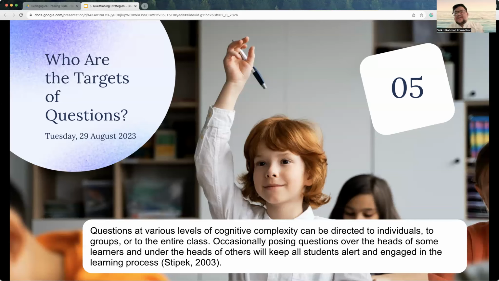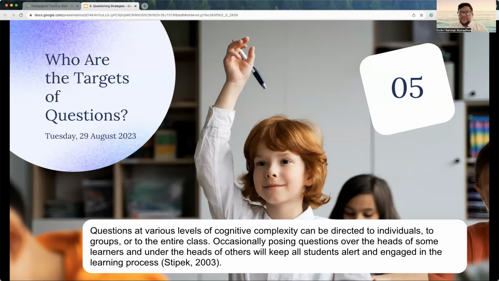Or you can randomize the name by using some application on the computer and show the random name chooser, and then when a student's name appears, they will answer the question, and the other students can also voluntarily give the answer for the rest of the class.